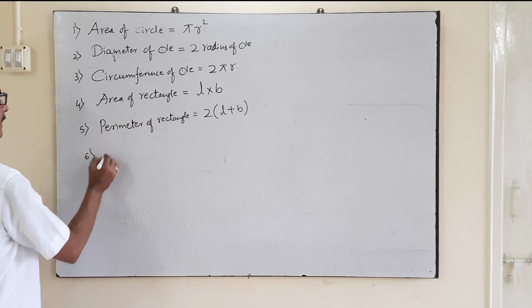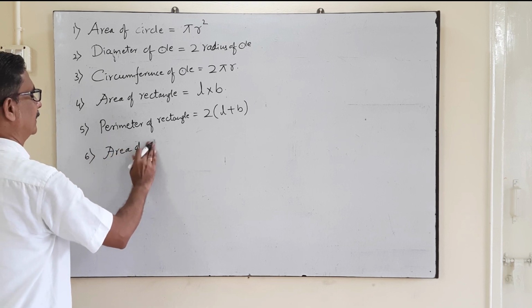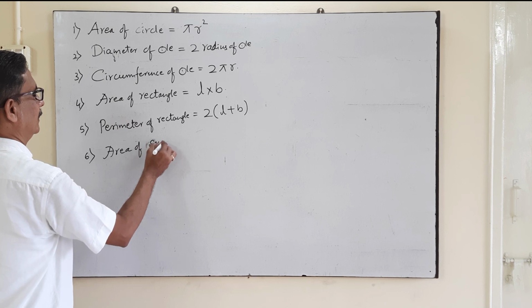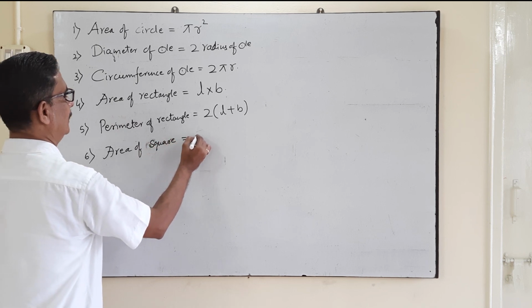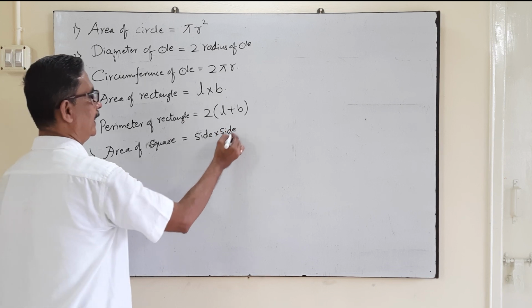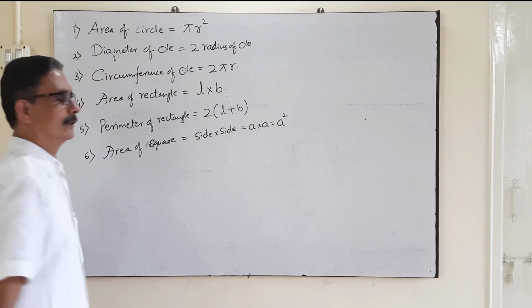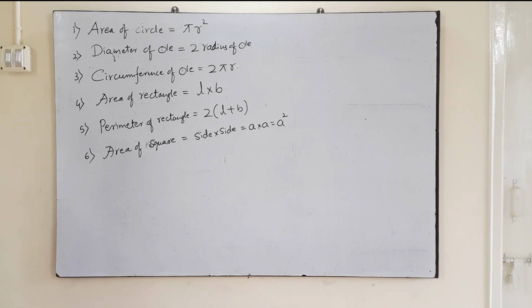Okay. Then what is the formula for area of square? Varga. Area of square. Side into side. Now if side is A, that is A into A, A square. This is area of square.